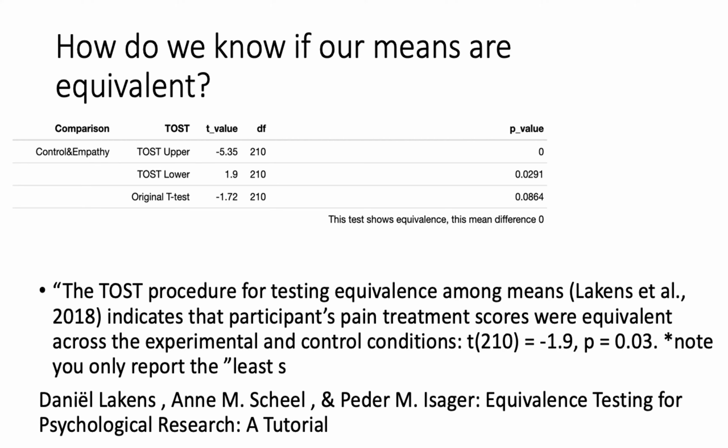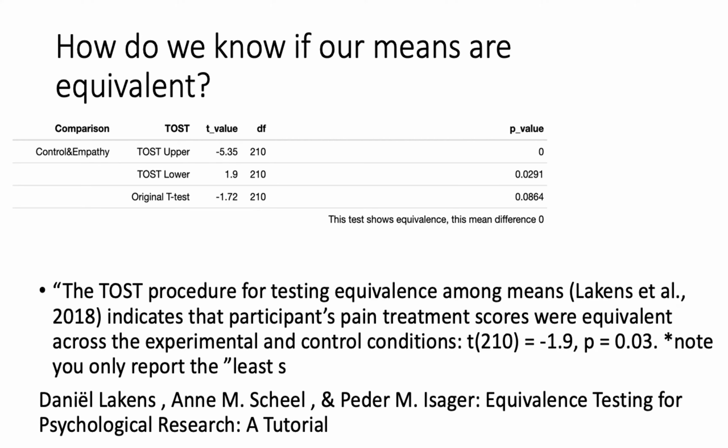All right, so we know when to use the TOST procedure. We know kind of how it works, but we need to see some output to really understand. So this is the output you're going to see on my program. It's saying you compared two groups, a control group and an empathy group. Your TOST upper limit t-test was negative 5.37, degrees of freedom 210, p-value is essentially 0.